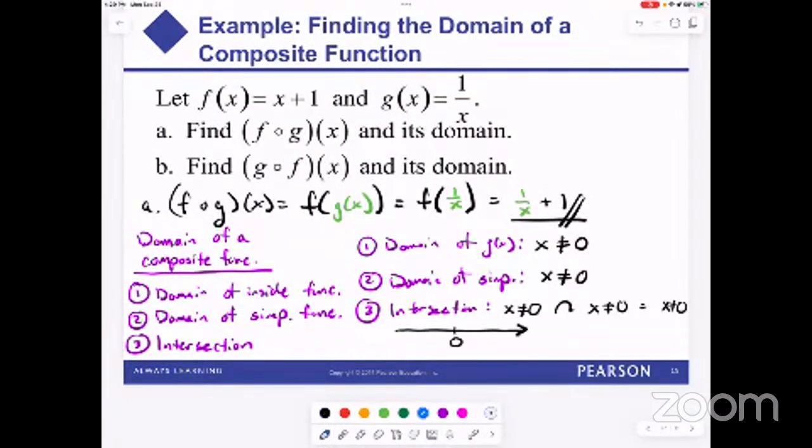We'd also want everything to the right of 0, but because we do not want to include 0 itself, 0 would get parentheses. Then we translate this graph into interval notation. The far left is negative infinity up to 0, and then we go from 0 to infinity. Infinity in this context always gets parentheses. The zeros, because we do not want to include them, get parentheses. And we combine these two sets with the union.